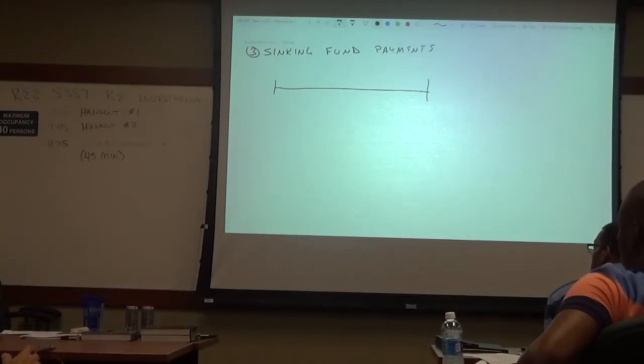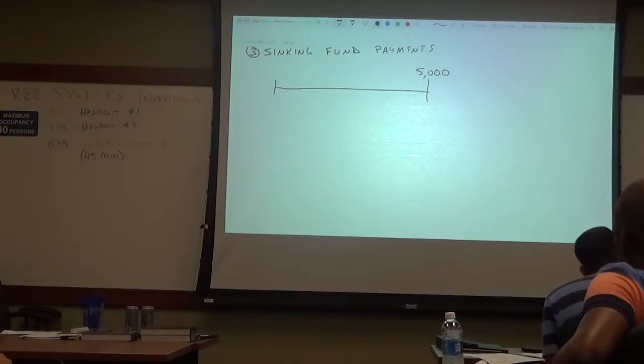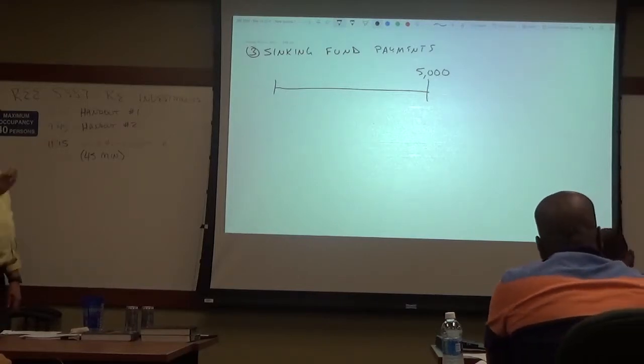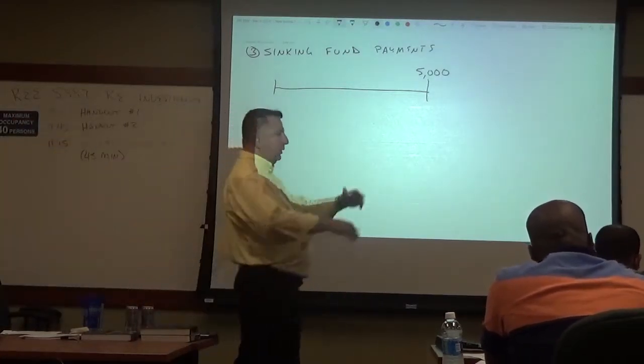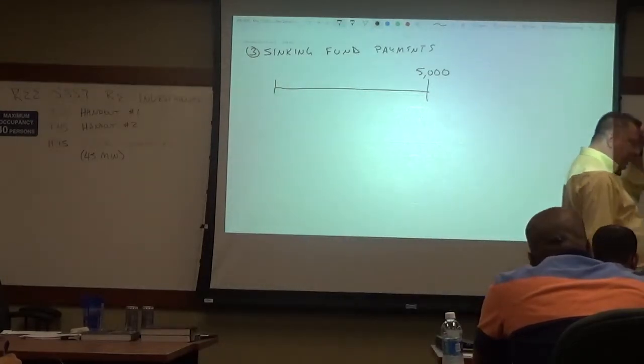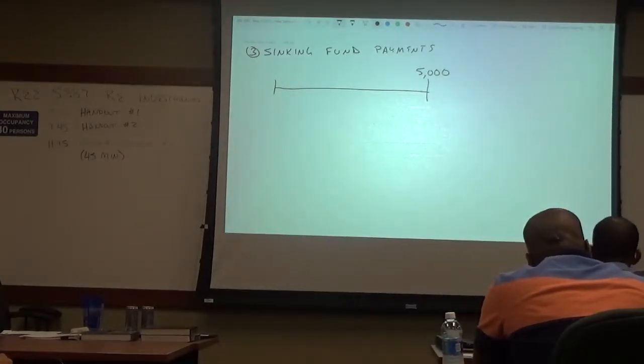So what dollar amount? 5,000. So we want to have $5,000 sitting in this account at some future date that we know, like, as a good owner, property manager of a property, typically one of the things that you do is you say, we've got things that are going to wear out over time, so we need to set aside some sort of a capital reserve.